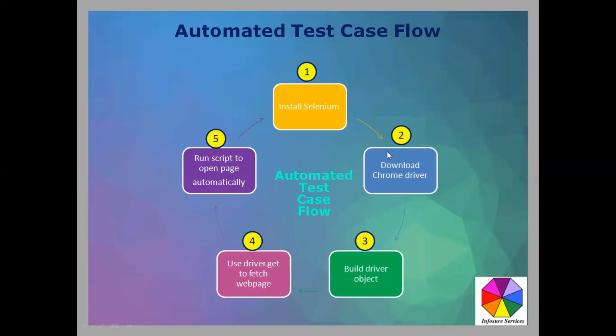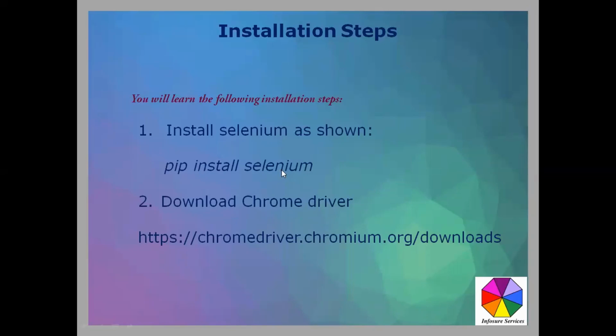Once you download it for your desktop, it will sit in one folder. With that, you build a driver object, and use the driver dot get method to fetch the web page, and then you run a script to open the page automatically. So these are the 5 steps which we follow to create an automated test case of opening up any browser. Pip install Selenium.